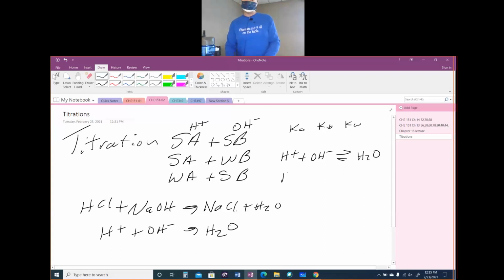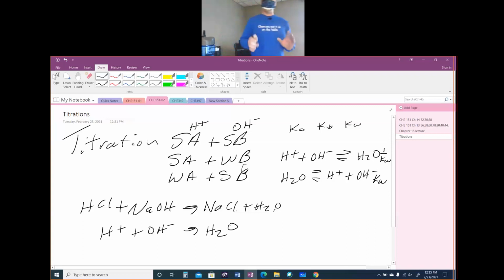The Kw is writing it the other way, H2O yields H plus and OH minus. I'm just going to reverse it. So you see that it is the reaction that is reversed. You have to know that when you're starting with water and getting H plus and OH minus, that is your Kw reaction. So of course, if you reverse a reaction, you invert your K value. And so this is 1 over Kw.